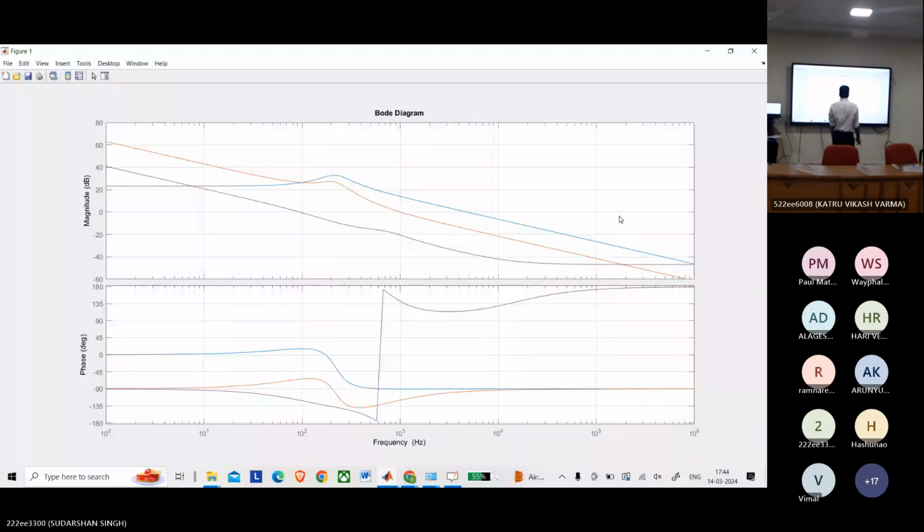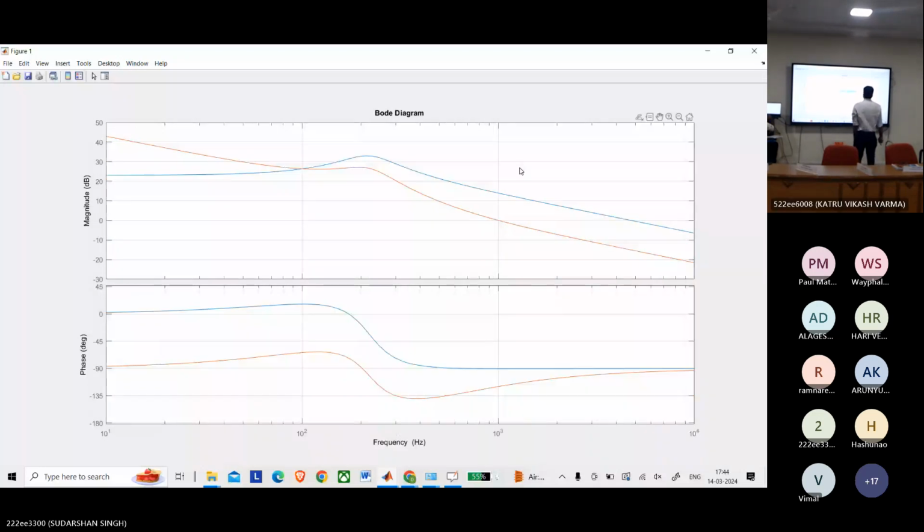Okay. So can you show the stability margin? Previously it was, now it is not 2 kilohertz. We have designed for 2 kilohertz, no? And what is the phase margin that we are getting? Obviously 60 degree.